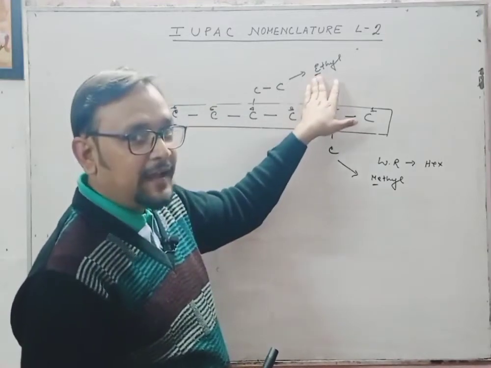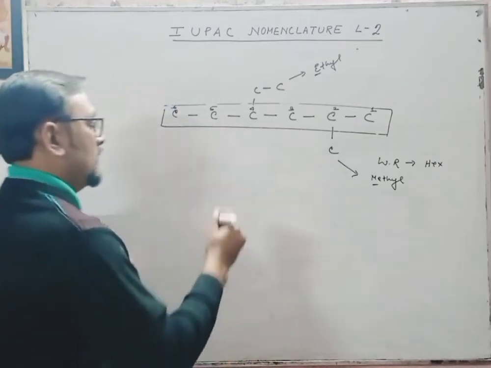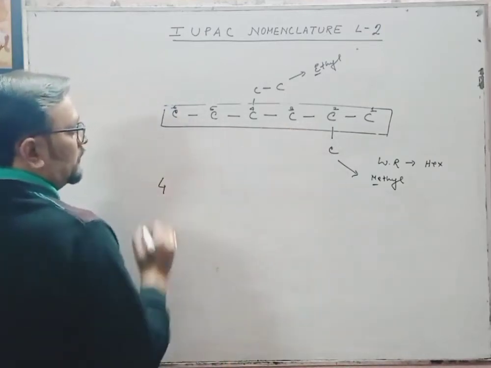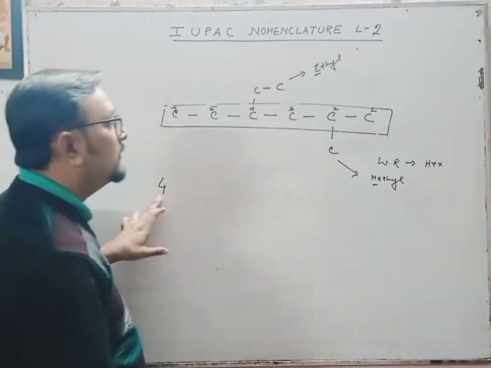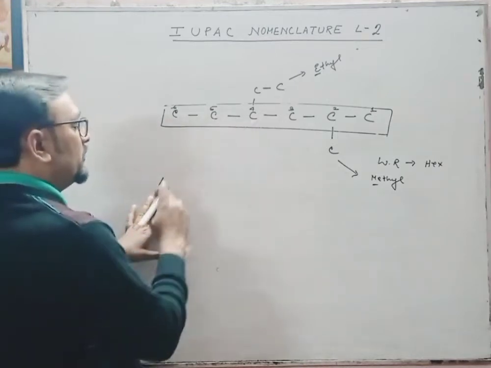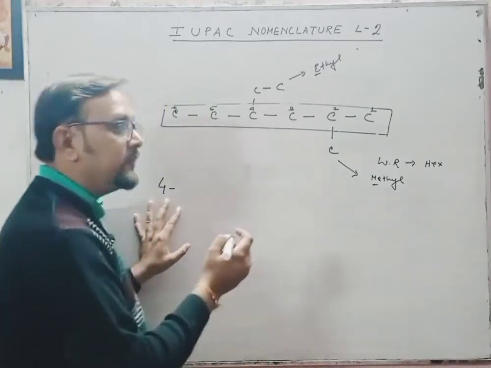Here we see ethyl, E comes first, so I will begin with the E. 4 is the locant, the 4th position. I will give a hyphen because now I am going to write some alphabet.